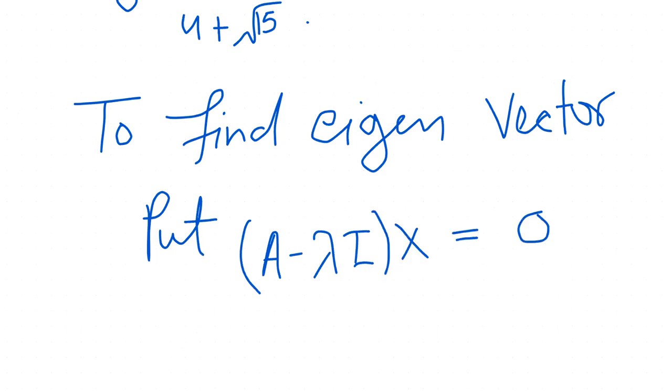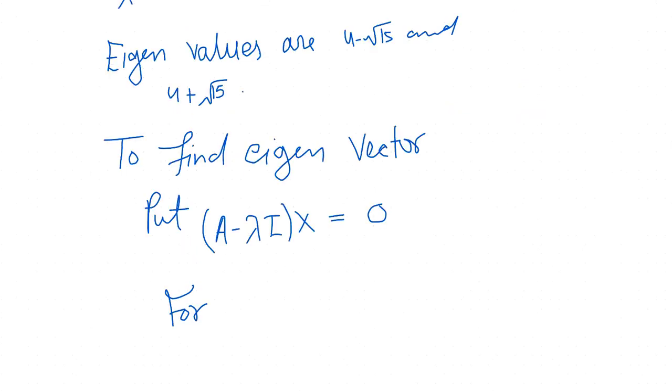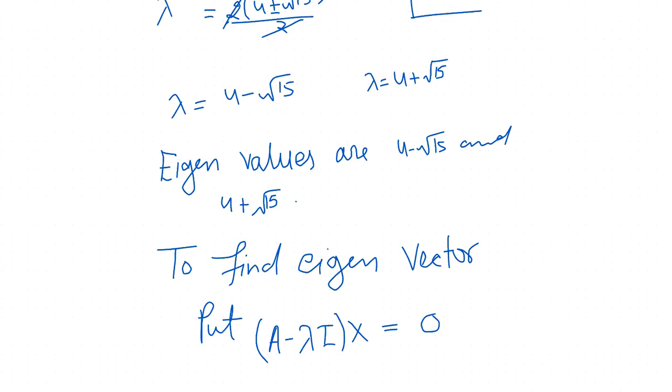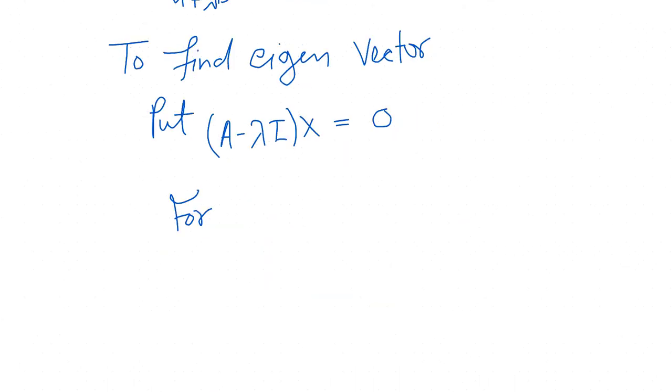First of all, we will find this A minus lambda I. We can do it for any one. One I'll tell you and another one you will do yourself. So I'm finding the eigenvector for this value. For this value, you can find it yourself in a similar way. So for lambda is equal to 4 minus square root of 15.